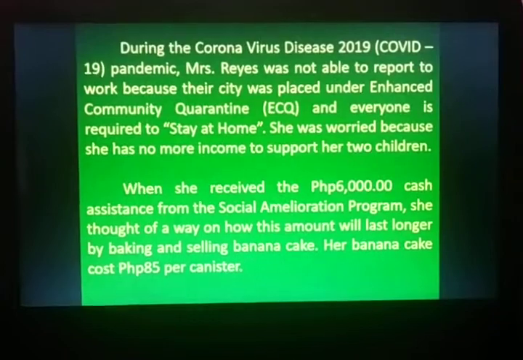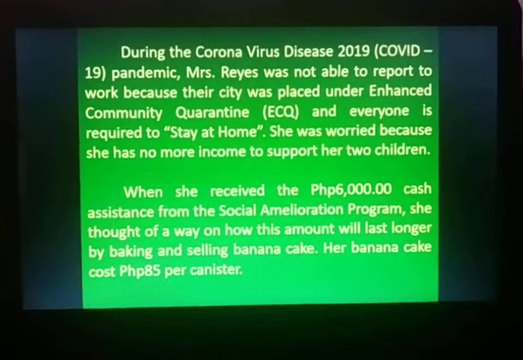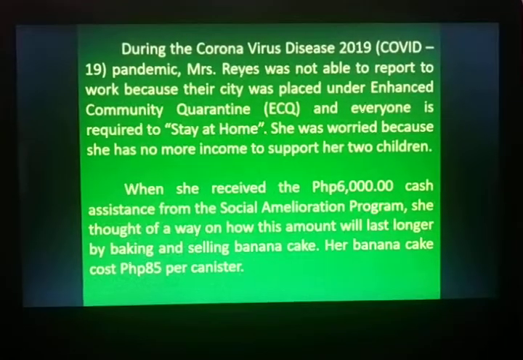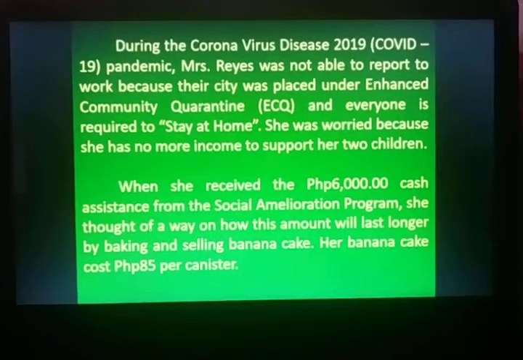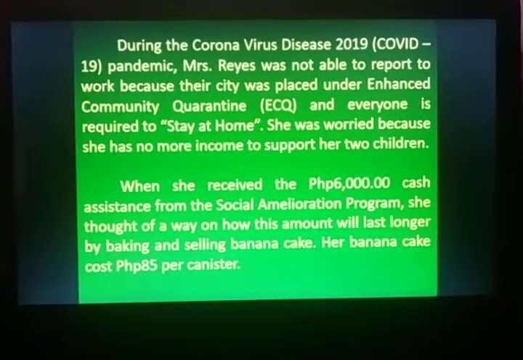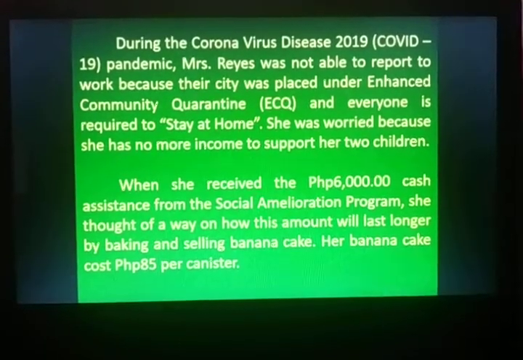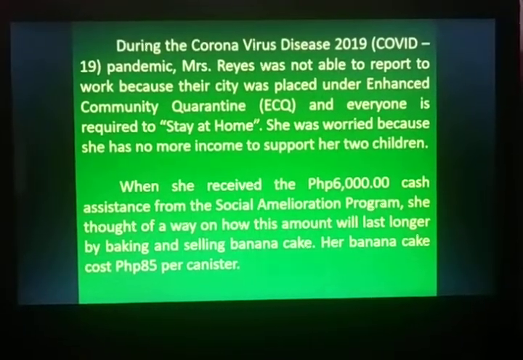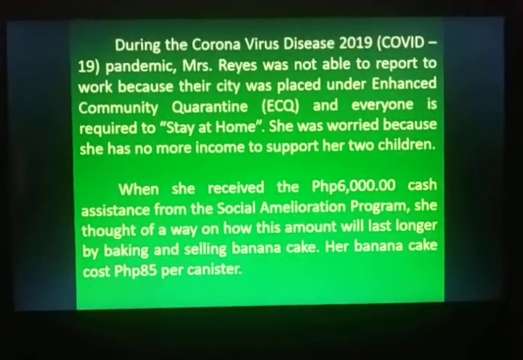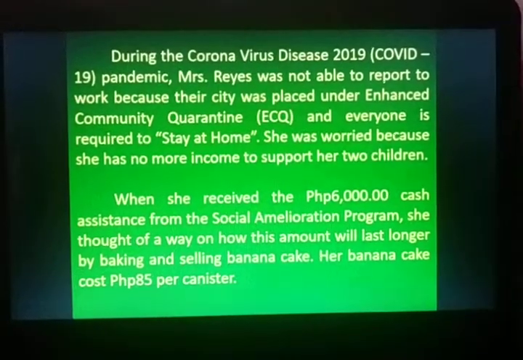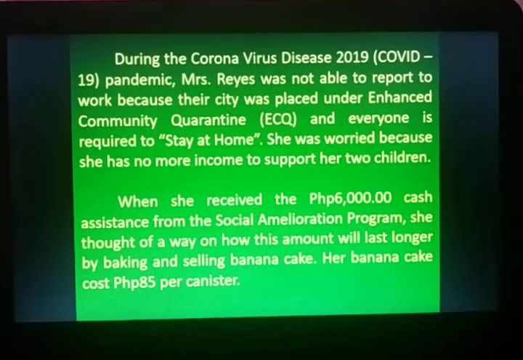When she received the 6,000 pesos cash assistance from the Social Amelioration Program, or SAP, she thought of a way on how this amount would last longer by baking and selling banana cake. Her banana cake cost 85 pesos per canister. Many did online selling, right?